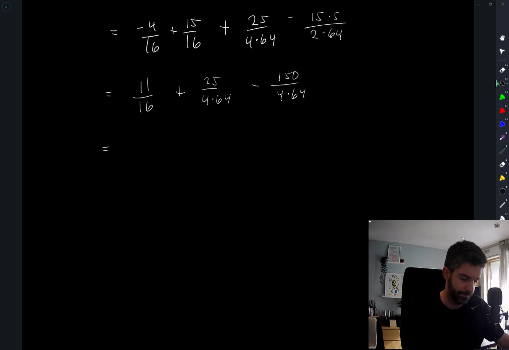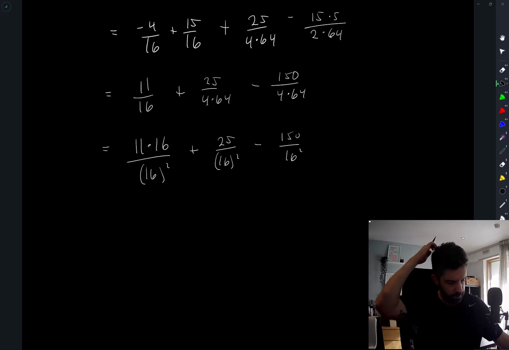16 is 2 times 8. This is 2 times 2 times 8 times 8. So 11 times 16 over 16 squared plus 25 over 16 squared minus 150 over 16 squared.